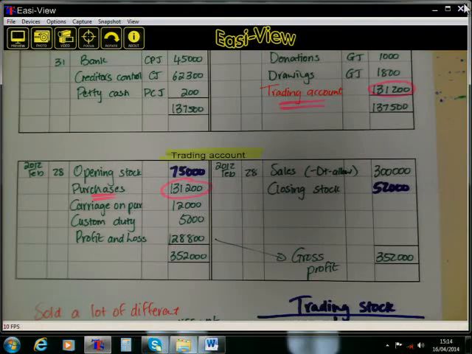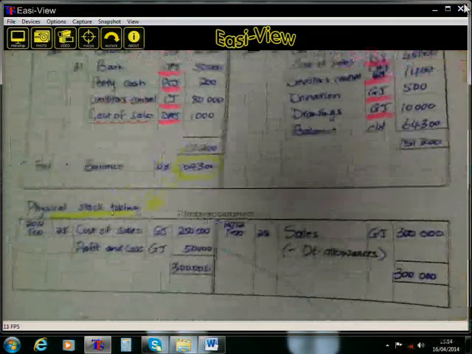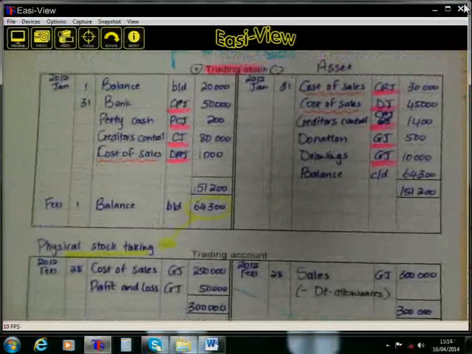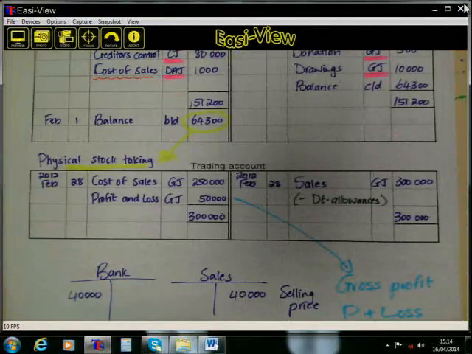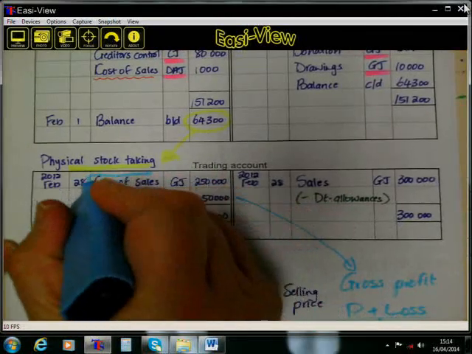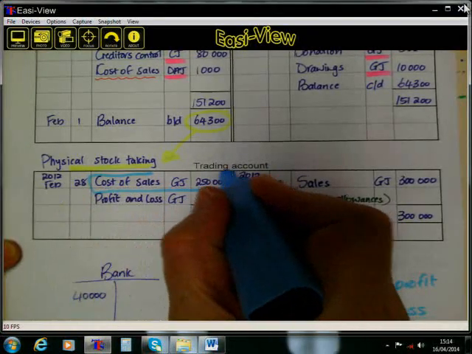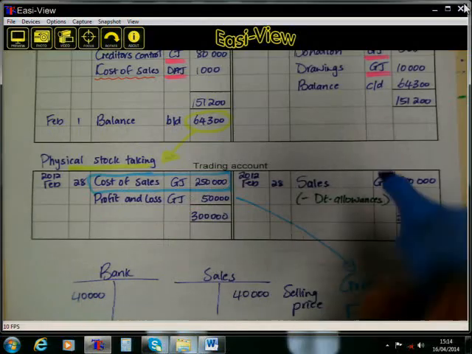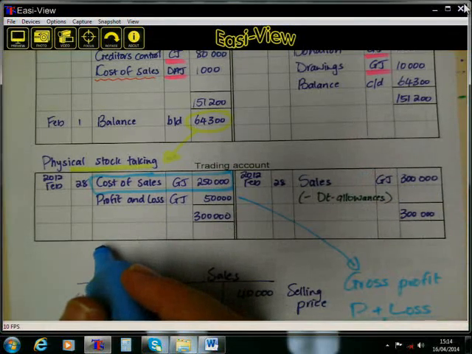Okay, now they're going to ask you, especially in the stock valuation methods, to calculate cost of sales. If you can quickly go back, I'm going to show you cost of sales. Where is cost of sales in the trading account? There is cost of sales. What is outside cost of sales? Sales and profit and loss.